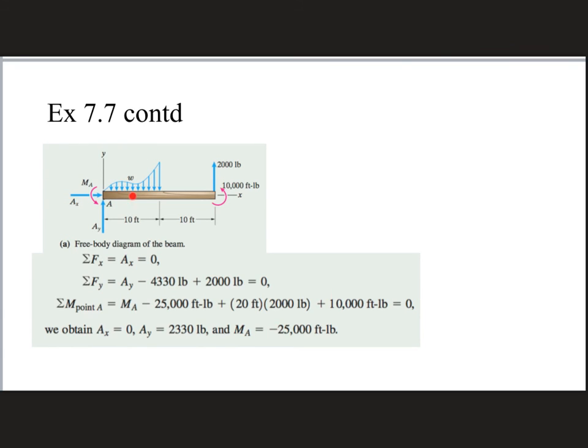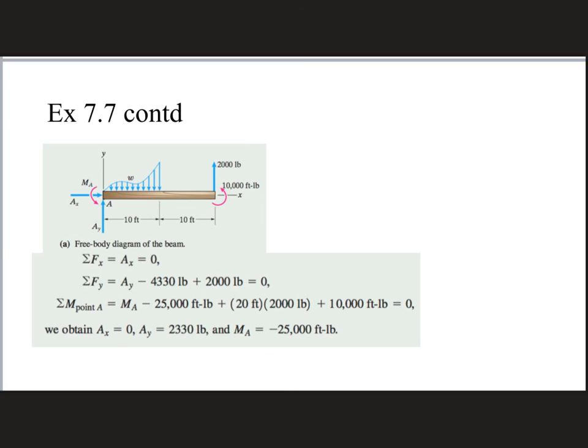That was the weight of our distributed load. And then we have positive 2,000 pounds upward. And obviously the weight's going to be downward, that's why that's minus. And this is upward, that's why that's going to be positive. The sum of the forces is equal to 0. And actually we can solve that for AY pretty straightforwardly.